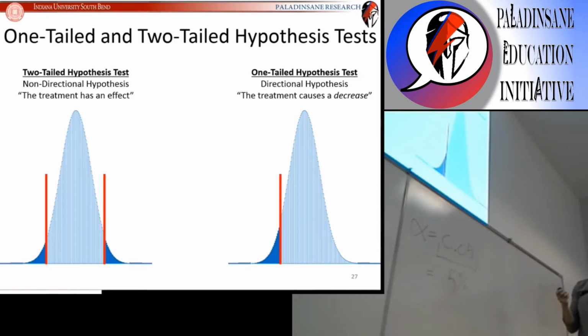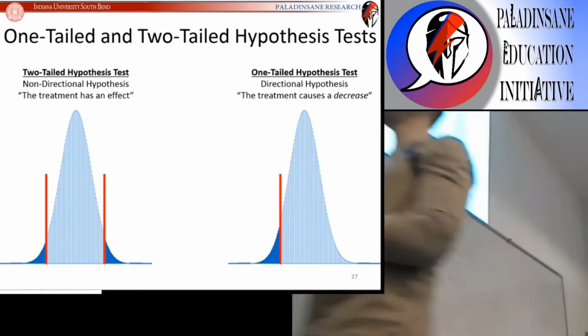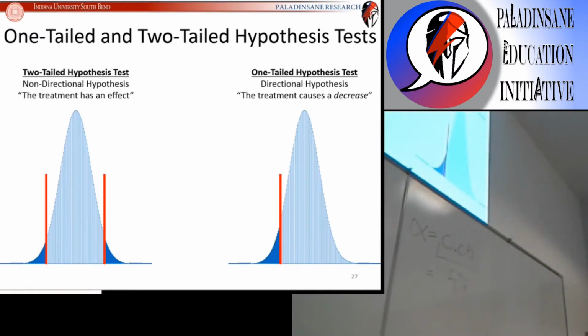If, on the other hand, we're doing two tails, it's a little bit different. Just slightly though, because now we need 5% total in both tails. And what that means is that we put 2.5% in one tail and 2.5% in the other tail. So we take the 5% and we split it up into our two tails. Remember, the tails are always as big as alpha, no matter how many there are.